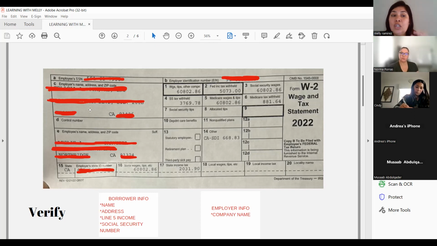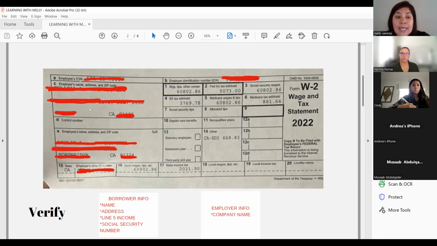So when you send your opening email to processing, where you put all the info for the processor, you can put under employer, hey, DBA, or sometimes I put it on the same 1003, on a different line. I put DBA, let's say Amazon, DBA Target, as an example, so the underwriter and the processor know, and they're not going to be questioning it and then wasting a day trying to figure it out, you know what I mean?